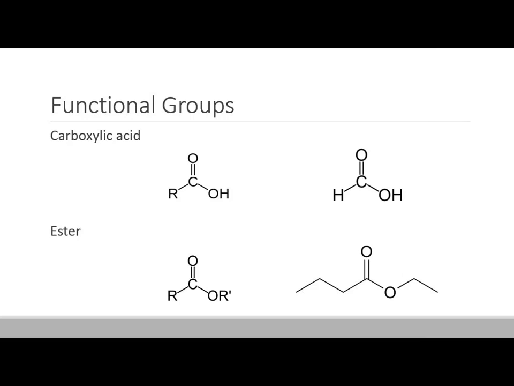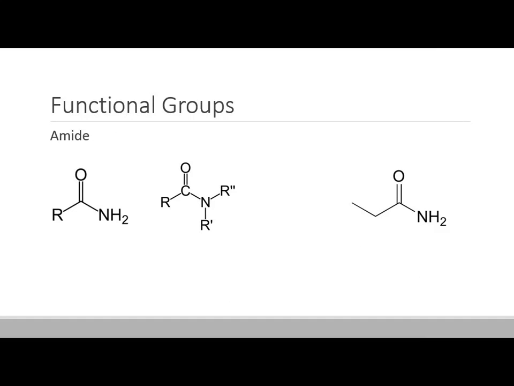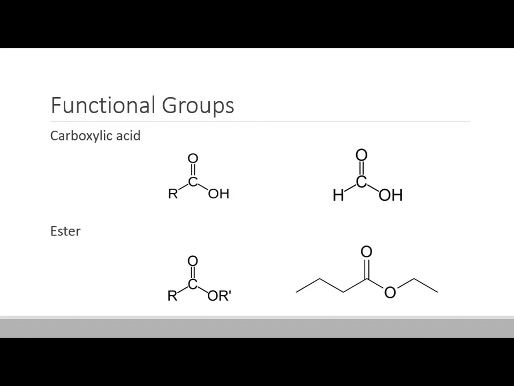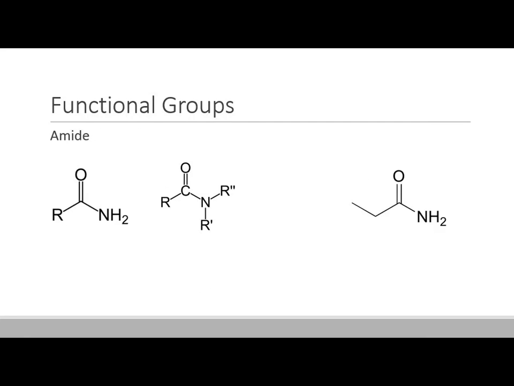So what are the last couple? Well, here we have the amide, or the amide, depending on where you're from. In the amide group, this looks a lot like the last one, the ester, right? Except the difference is instead of having that OR group, we actually have a nitrogen. So this, again, is not considered an amine plus an aldehyde. It doesn't work that way.